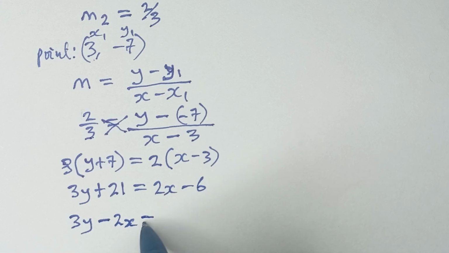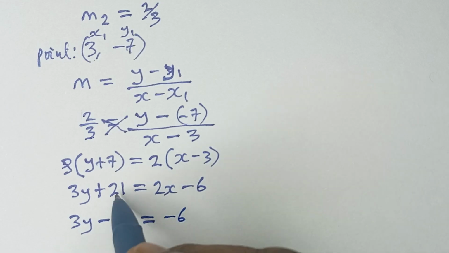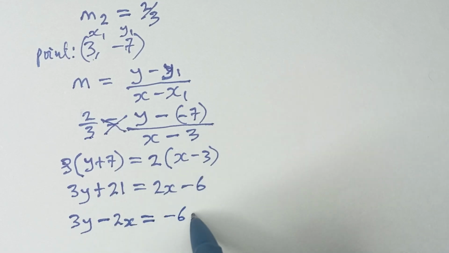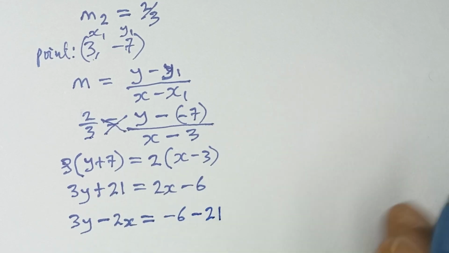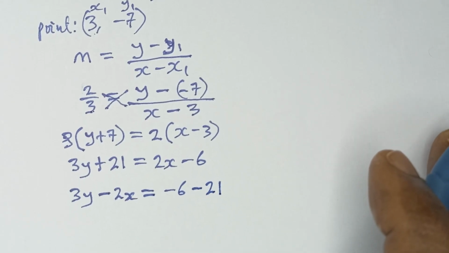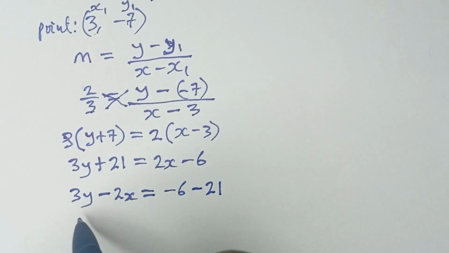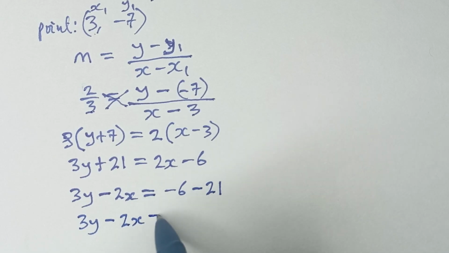And that will be equal to the positive 21 coming to this side. We have -6 here. So the positive 21, if it comes to this side, becomes -21. And on a final note, I can simplify this and simply write it as 3y minus 2x is equal to -27.